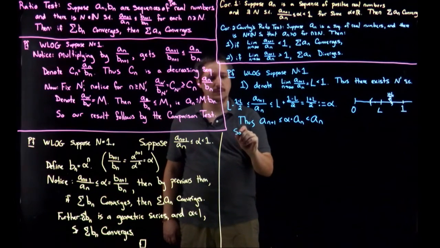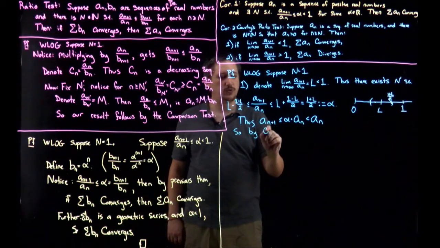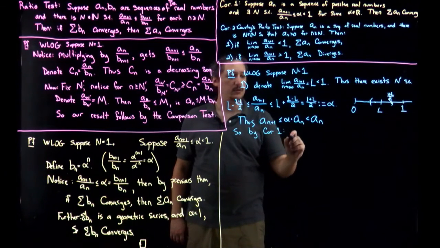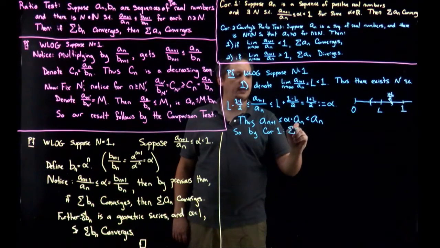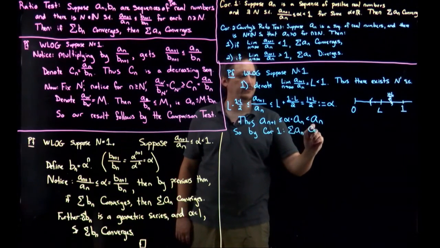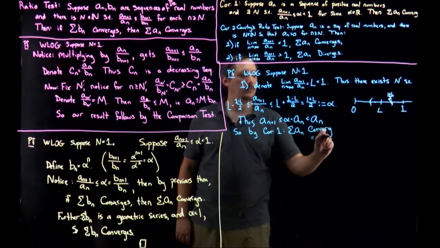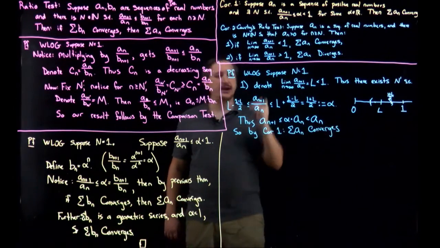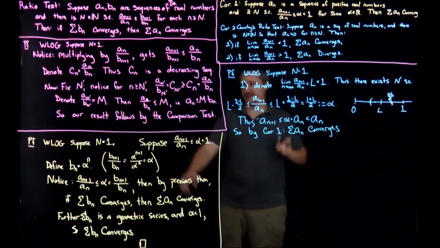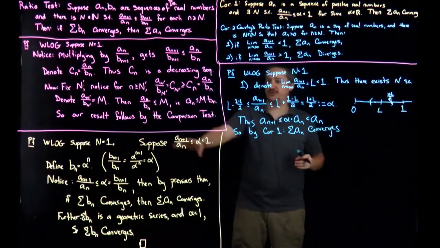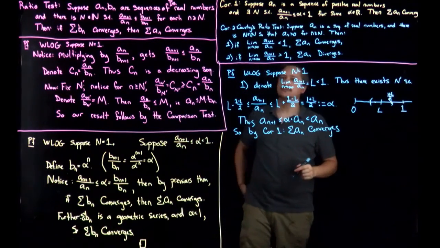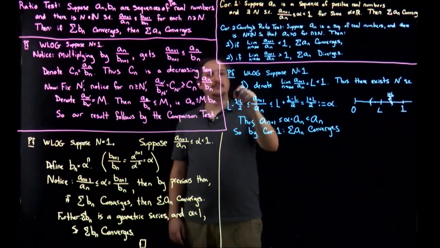So by corollary 1, the series an converges. I guess I don't need that line, but it's showing what's happening. It's the same idea that was happening over here. So this is the proof of 1.